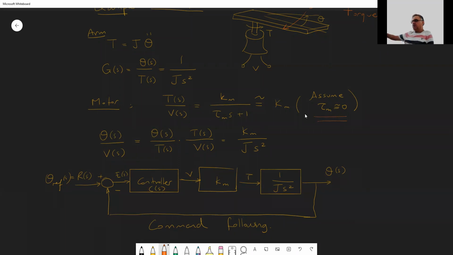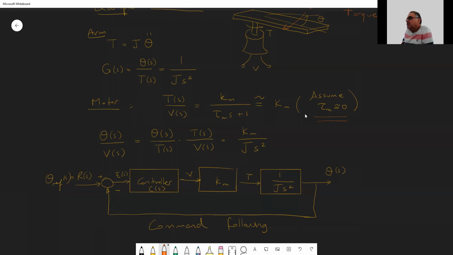Well, usually the motors of these systems are quite fast, especially compared with the dynamics of a robot arm. The motors are much, much faster. Their time constants might be in the range of milliseconds, let's say 100 milliseconds, but the arm rotates in seconds.